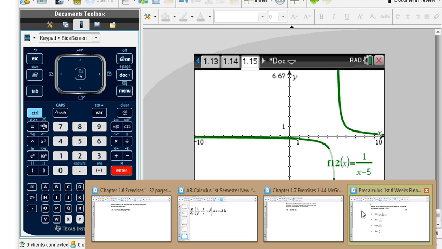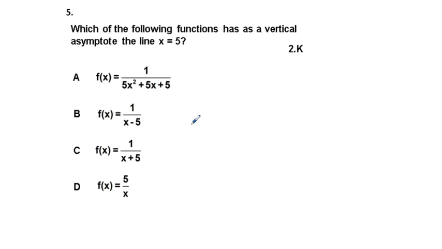And algebraically, we would say that x minus 5, our denominator of answer choice B, cannot equal 0. And if we solve for x by adding 5 to each side of the inequality, we would see that x cannot equal 5, which happens to be where our vertical asymptote is located. So our answer choice here is B.